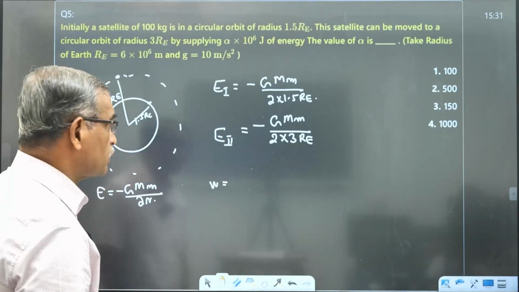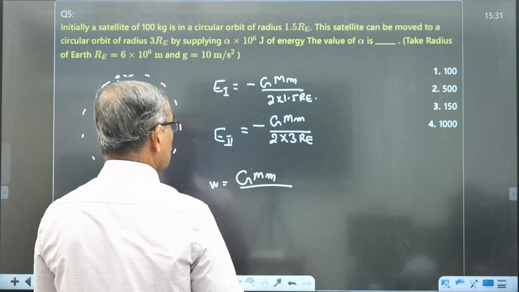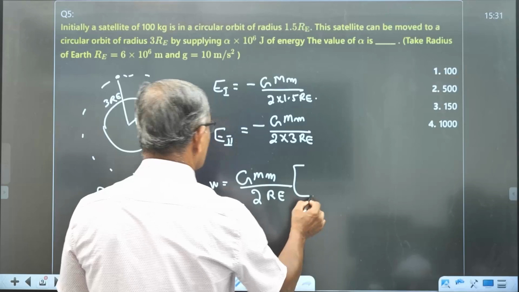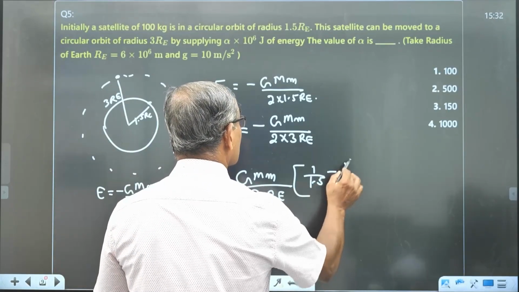Final minus initial, that I'm doing: G M m by 2 R E into 1 by 1.5 minus 1 by 3.